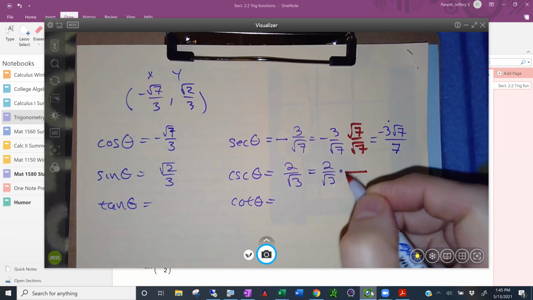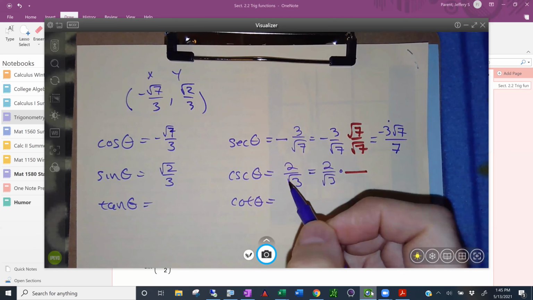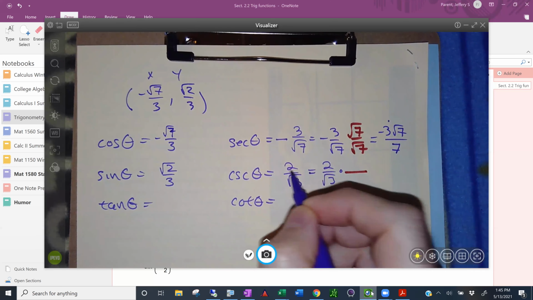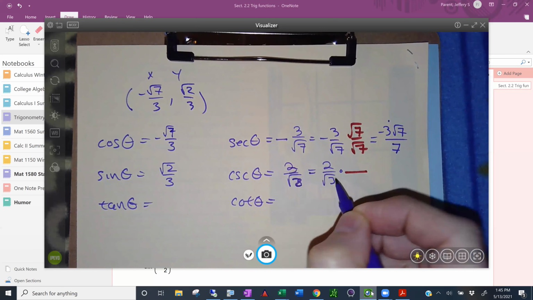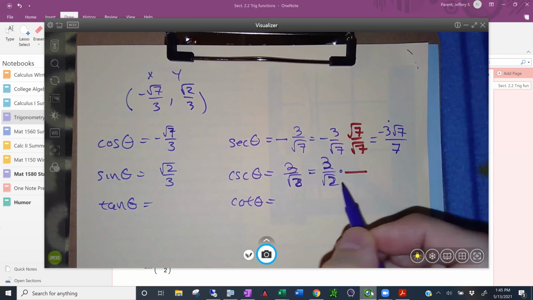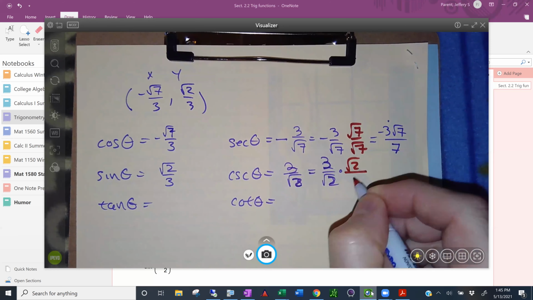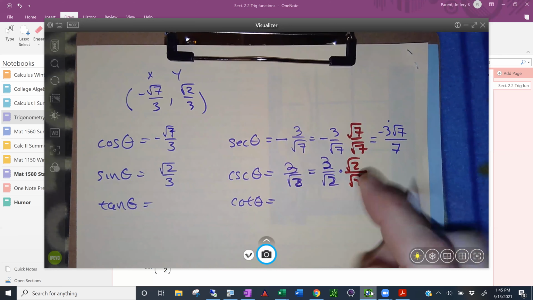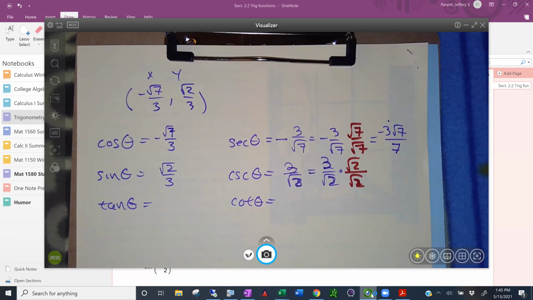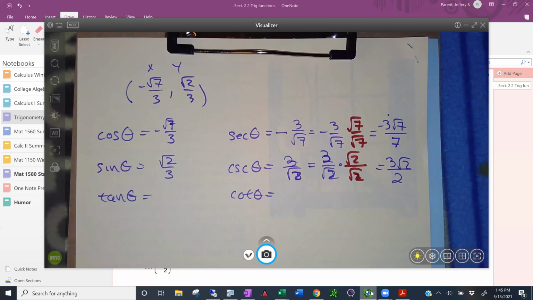Square root of 2 over square root of 2. Those are going to simplify as square root of 4, or better yet, just 2. And you'll end up with 3 square roots of 2 over 2. Nice.